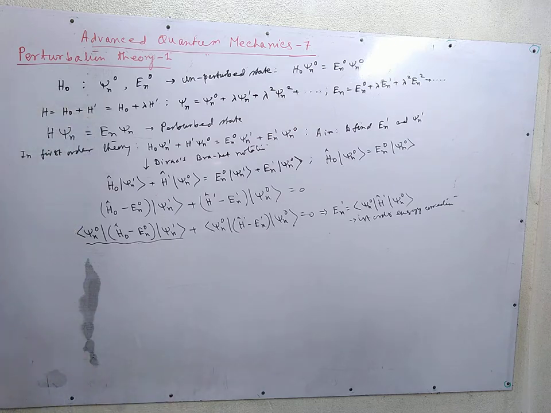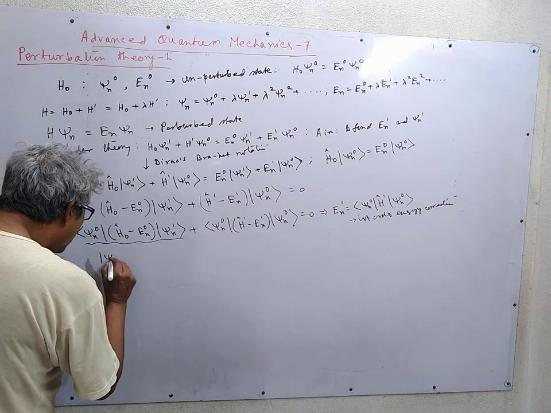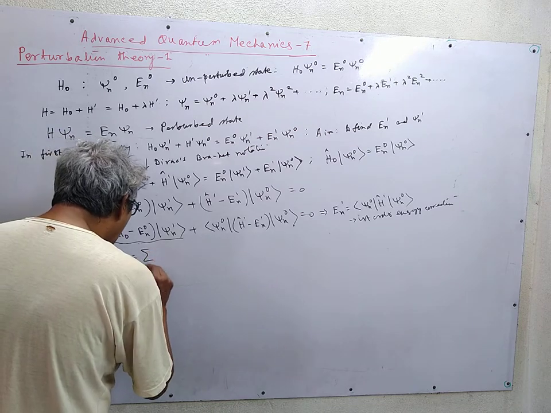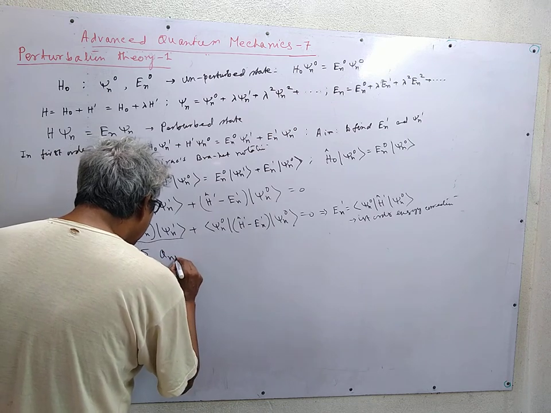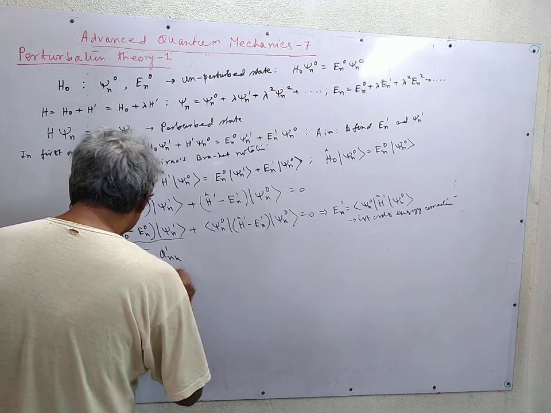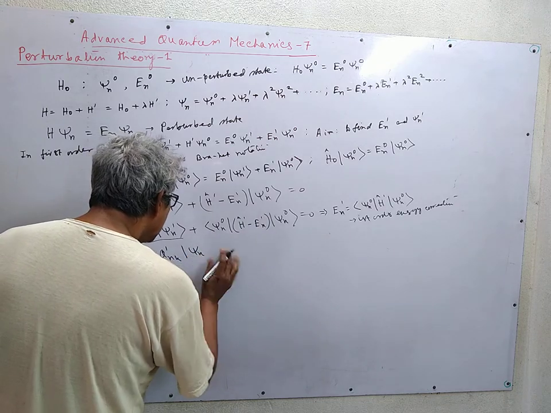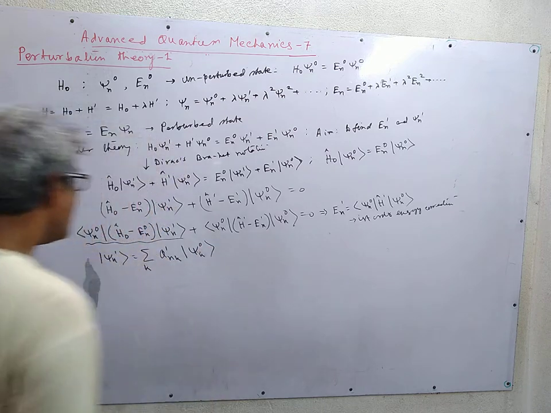Now if we want to know the first order wave function, we write the first order wave function in a state n as summation over k a nk times psi k0. Let me explain the term.